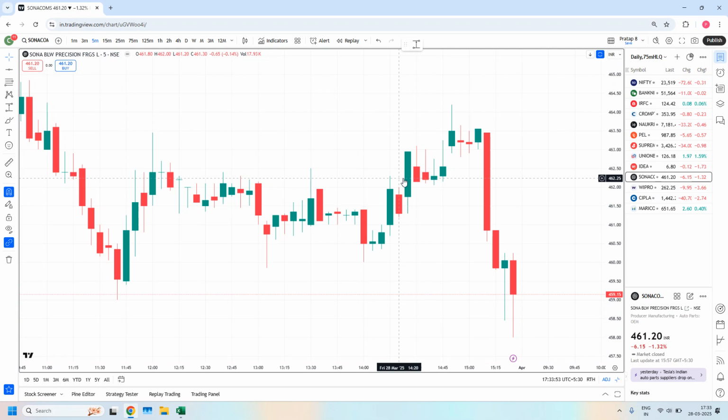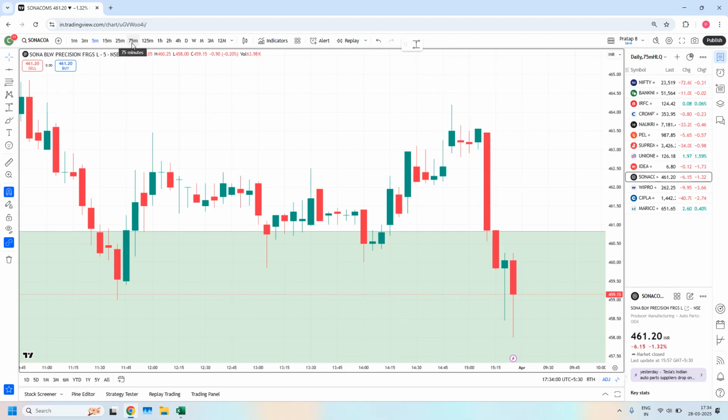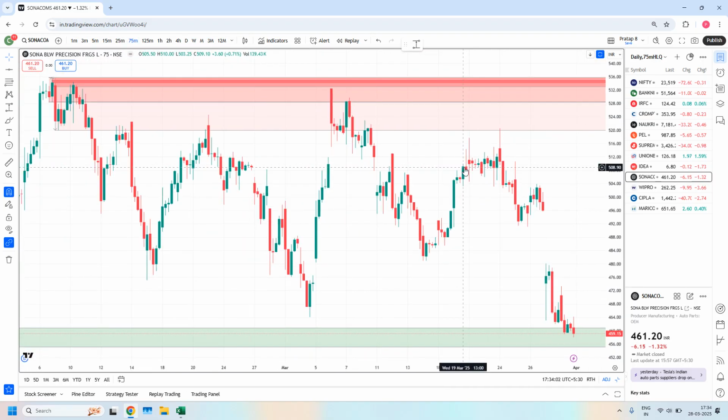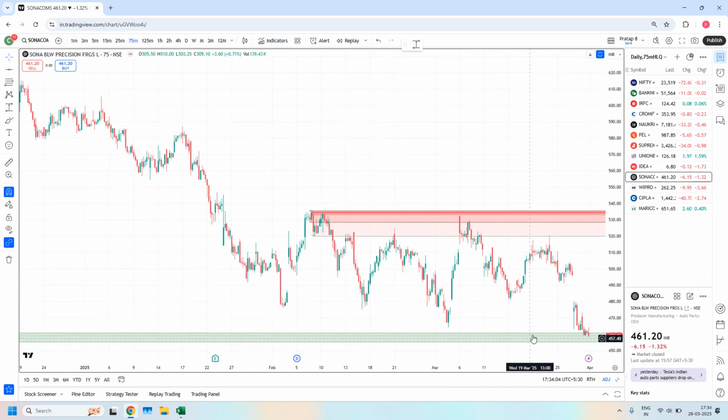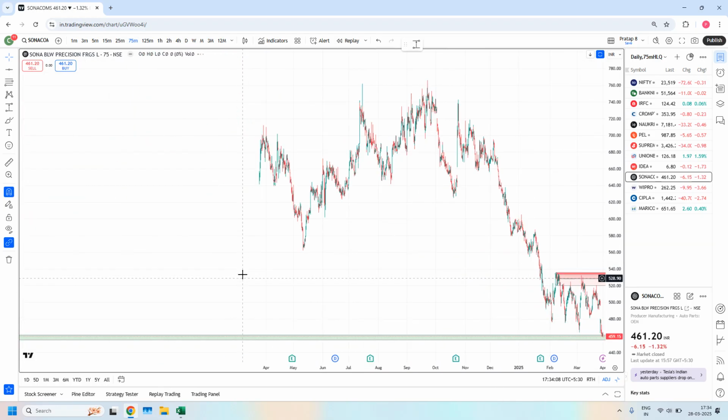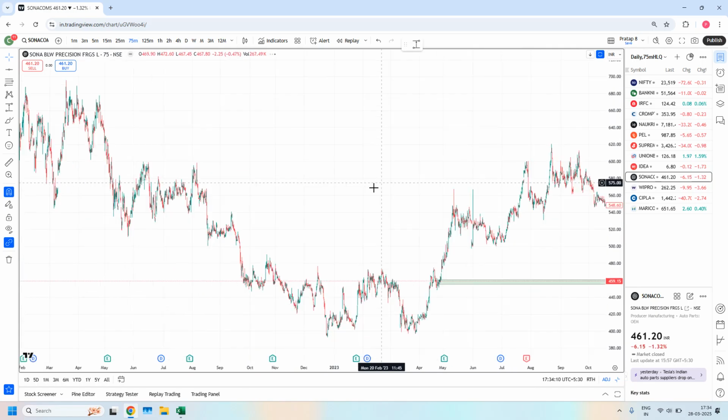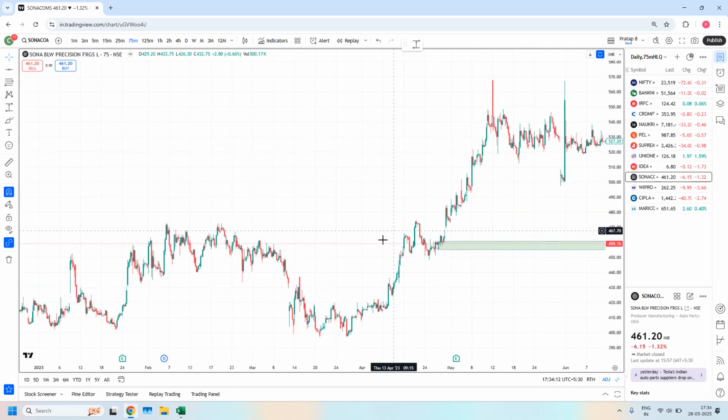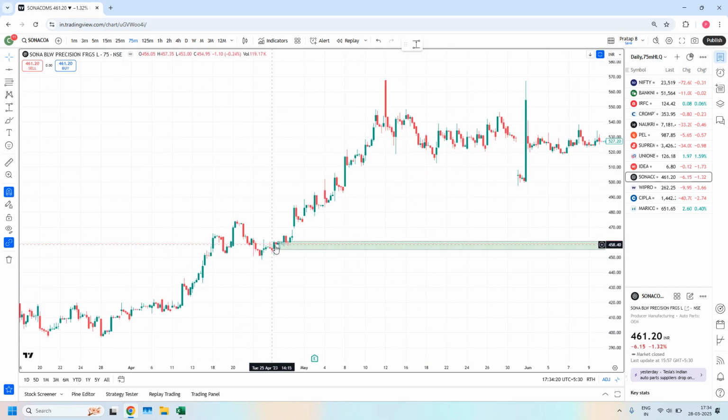Next one is Sonacom. This zone we already discussed. This zone we did not discuss. Previously, the supply zone we discussed. And this zone I didn't fine tune because it is a 2023 stock.